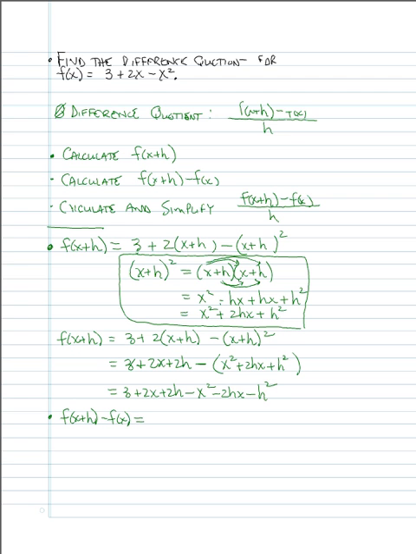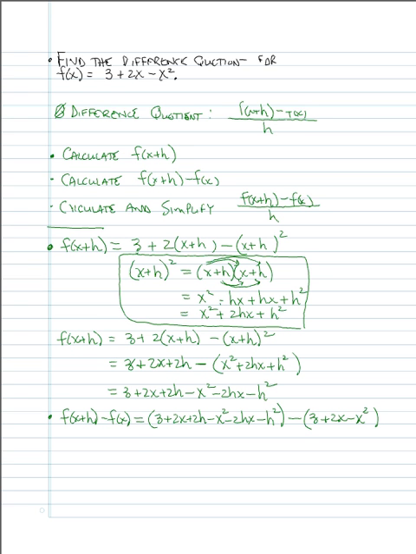So we need to put in f(x + h), and that's that step right above us. f(x + h) is 3 + 2x + 2h − x² − 2hx − h². And then we need to subtract what f(x) is. Well, f(x) was given to us as 3 + 2x − x².